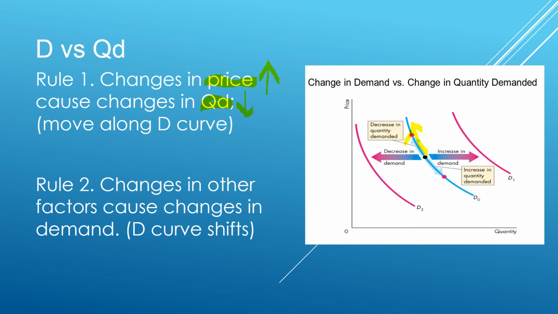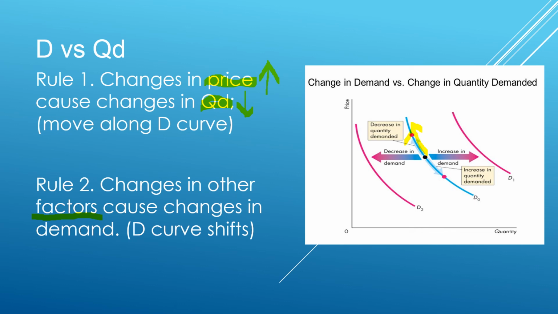Rule number 2 is that changes in other factors cause changes in demand. So what are those other factors? We just covered them, starting from income: income, taste and preference, price of complements, price of substitutes, and expectation. Those are not the price, those are the other factors.